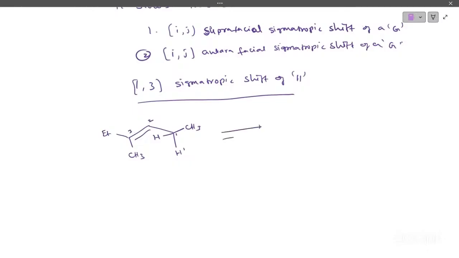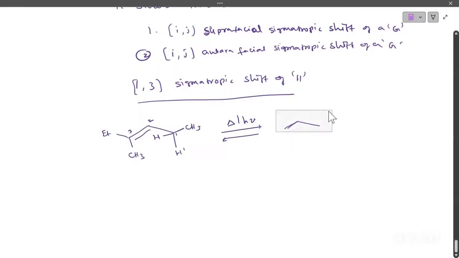Then we may provide thermal or photochemical energy, right?